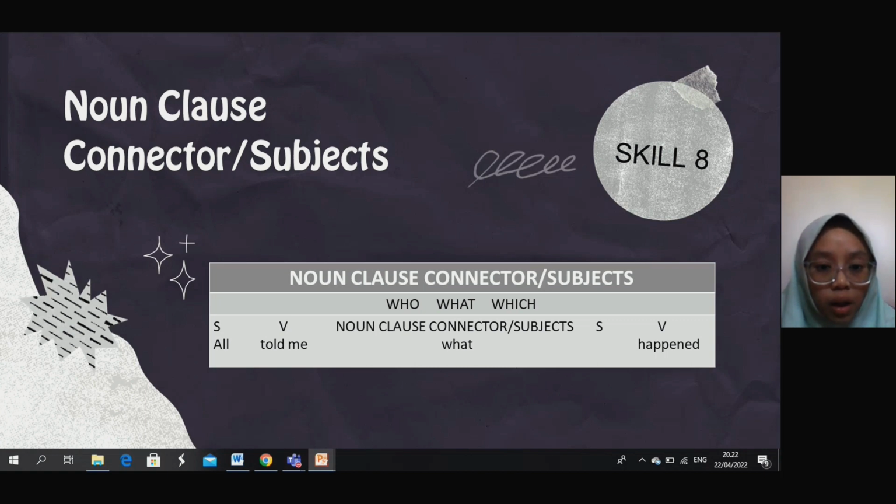For example, all as subject, told as verb, me as object, and what goes into the connector and subject here. So, we don't need the subject to go directly to the verb. Why? Because this connector contains the connector itself and the subject.